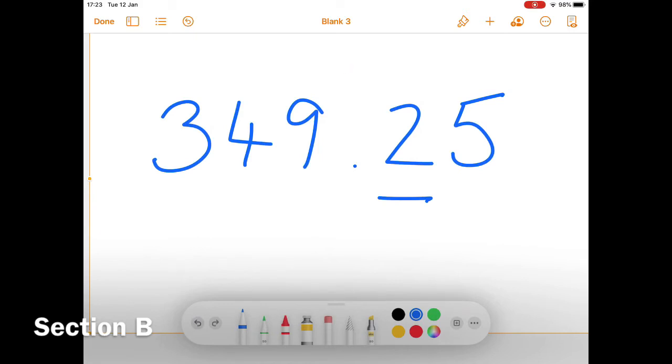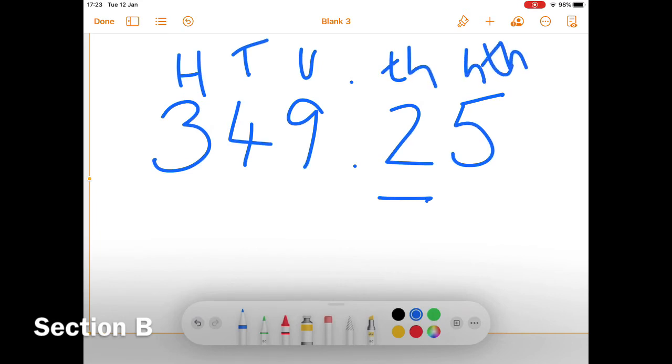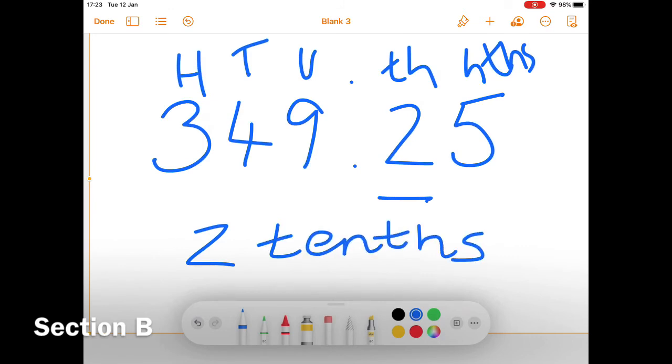If I was working it out, I would write above it, first of all, my decimal place to line it up, and then my units, my tens, my hundreds, my tenths, and my hundredths, okay? And that helps me to identify the value of the underlined number. In this case, it's 2 tenths, okay?